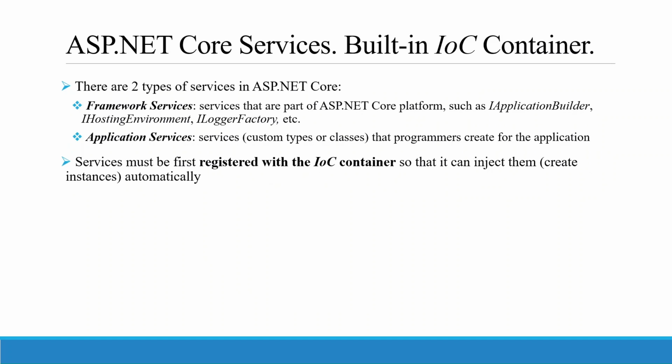There are two types of services in ASP.NET Core. On one hand, we have framework services. These are the services that are part of ASP.NET Core platform, such as IApplicationBuilder, IHostingEnvironment, ILoggerFactory, and other ones. These are services that are provided to us and we can use them in our application. And on the other hand, we have application services.